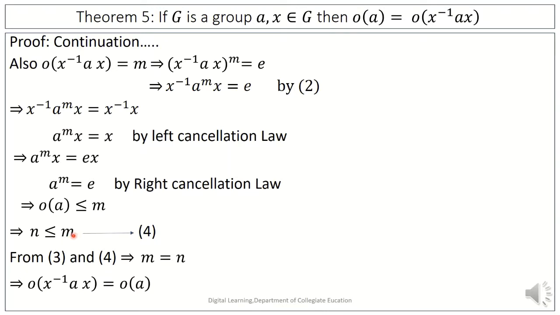So from these two we can say that m is equal to n. Here m is the order of x inverse ax and n is the order of A. That means the orders of the elements A and x inverse ax are the same.